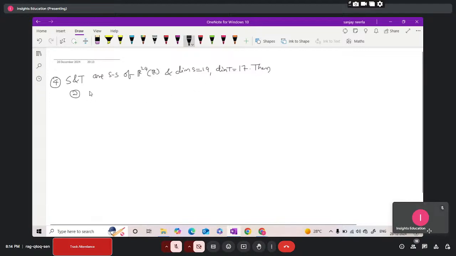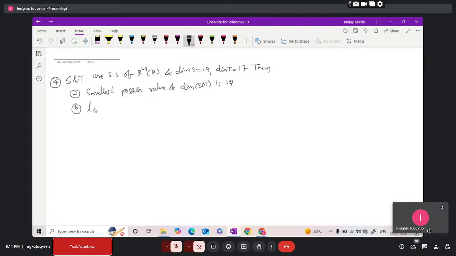Option A, the smallest possible value of dimension of S intersection T is 12. And option B, the largest possible value of S intersection T is 18.